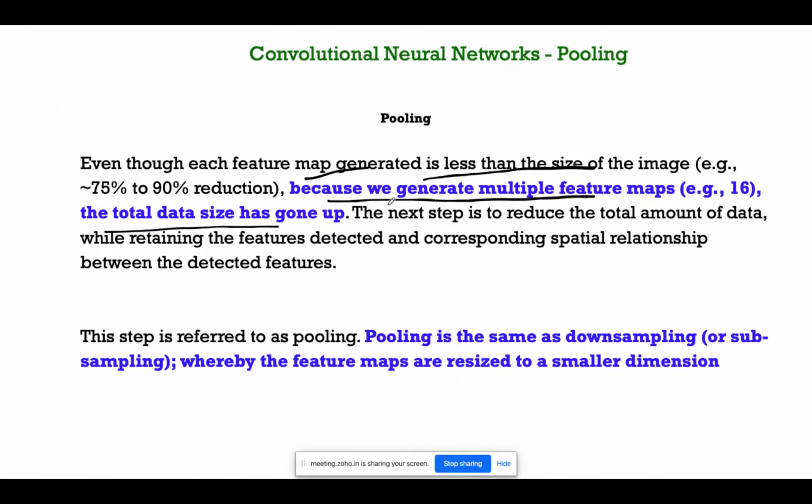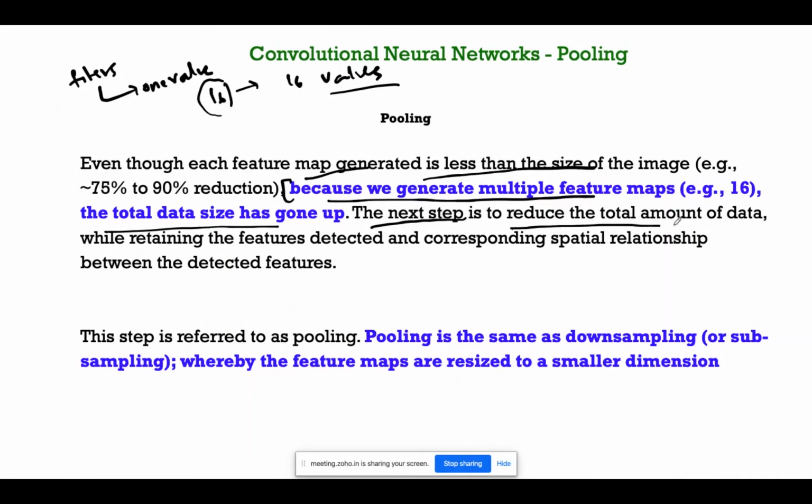When you are using multiple filters, one filter will give one value. If you have 16 filters, you'll have 16 values. So the next step is to reduce the total amount of data while retaining the detected features and the spatial relationship between the detected features. This is what is important in the pooling layer.